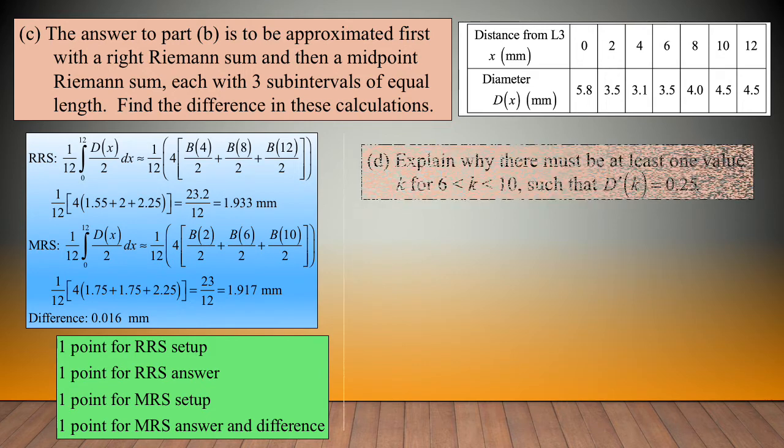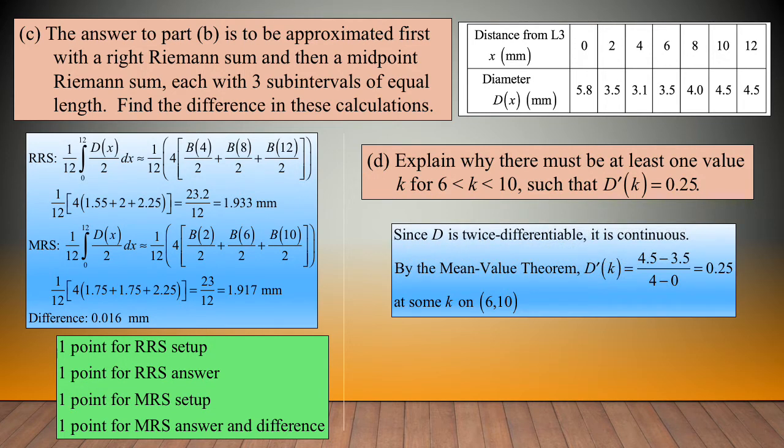difference. Part D reads, explain why there must be at least one value of k for k between 6 and 10, such that d prime of k is equal to 0.25. D is twice differentiable and therefore it is continuous.